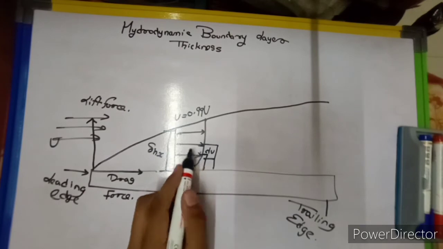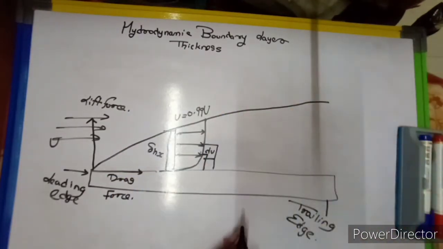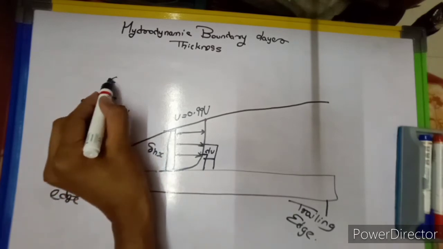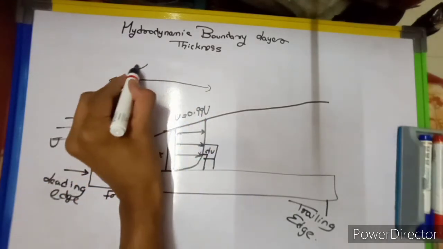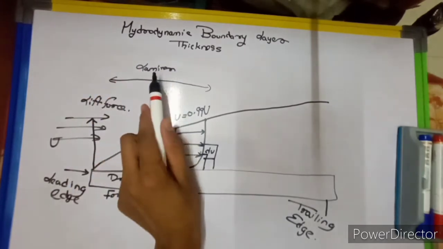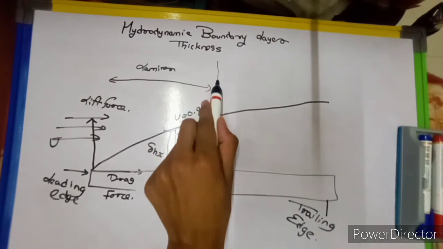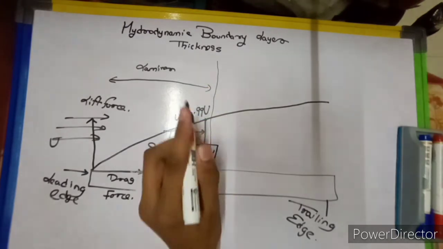See, there are also three transitions, that is laminar. Why is it laminar up to a particular limit?